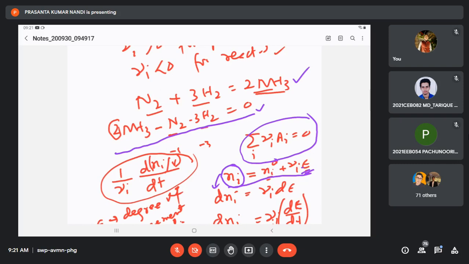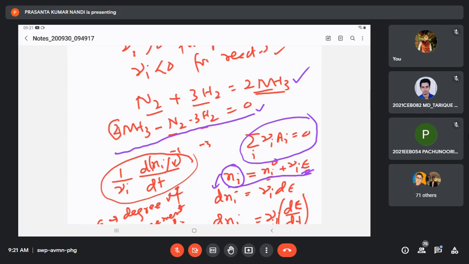Small n_i represents the number of moles of the i-th species at any instant during the progress of the reaction, at any time.